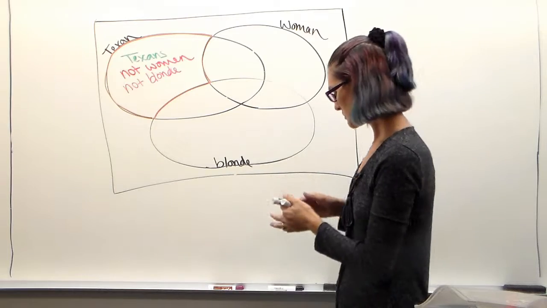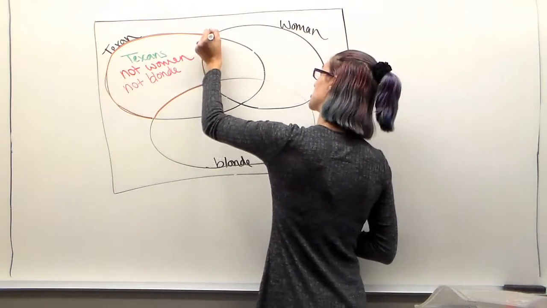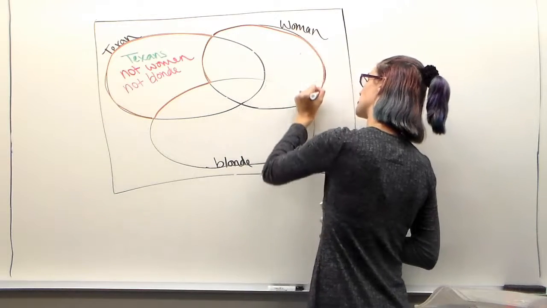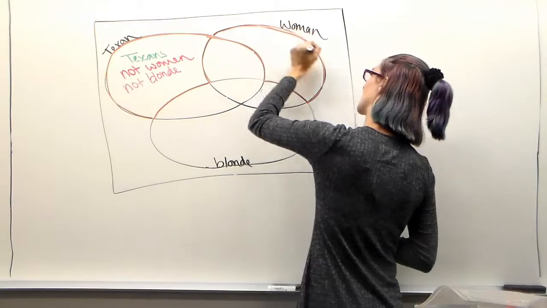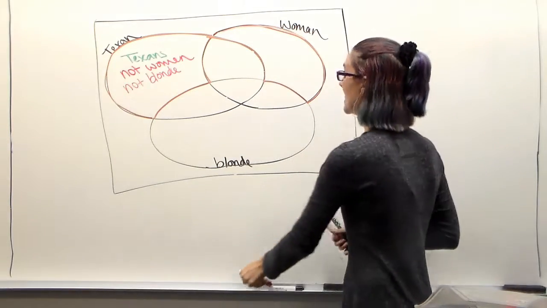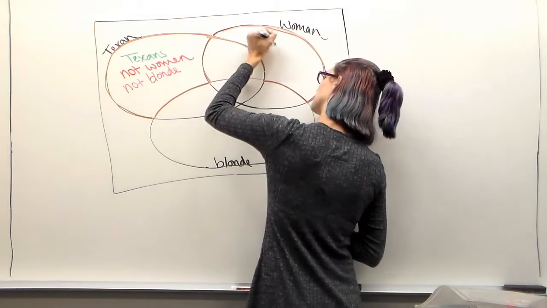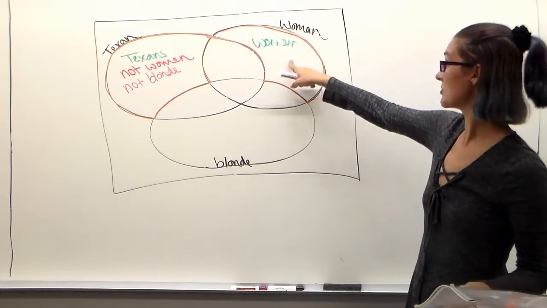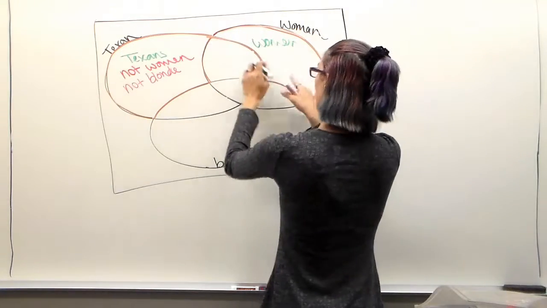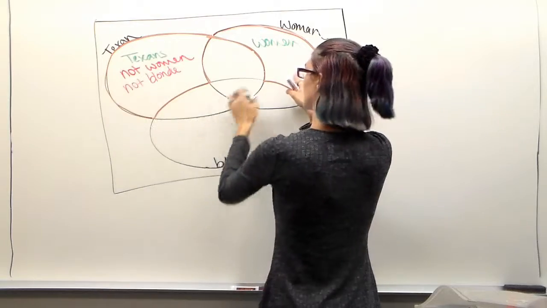Okay? So for our next area, I'm going to do the same thing for the outer circle here. I'm just going to start from the outside and work my way in. In this circle, we know they are women, because that is the women's circle. This one area, is it part of the Texas circle?